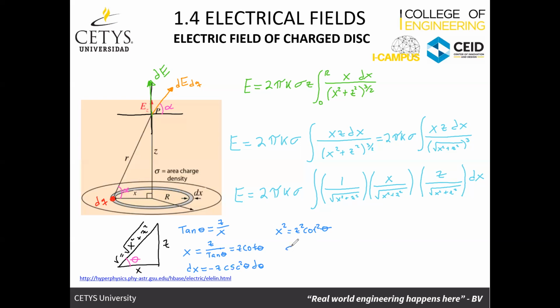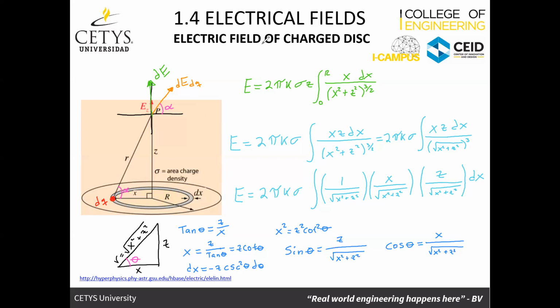I can also identify that the sine of theta is going to be equal to z divided by the square root of x squared plus z squared. And I can also identify that the cosine of theta is equal to x divided by the square root of x squared plus z squared.